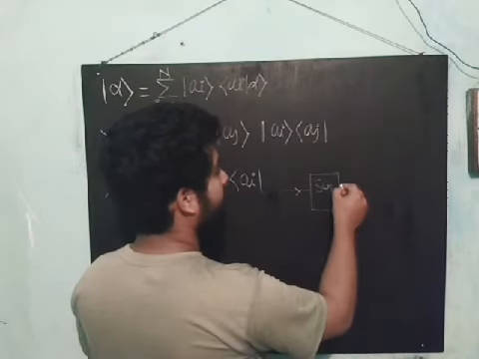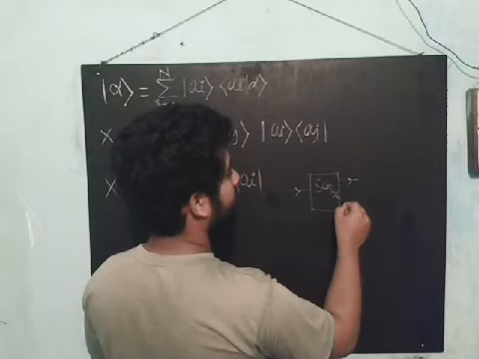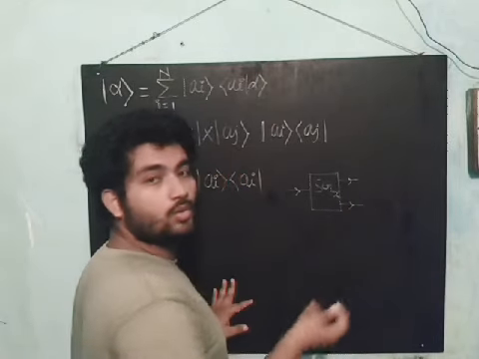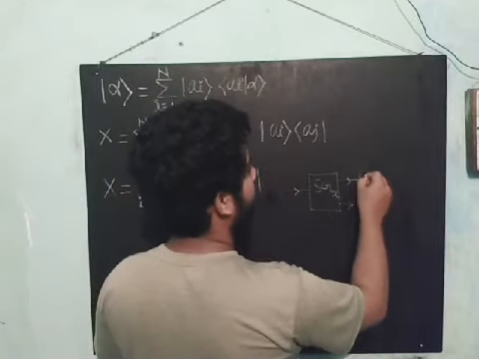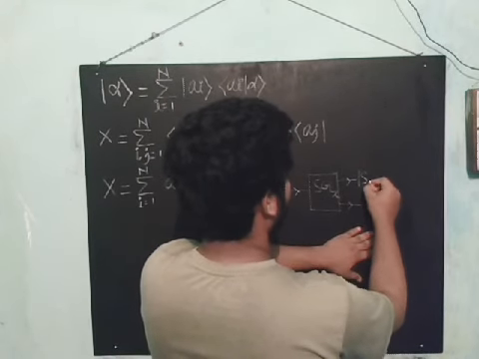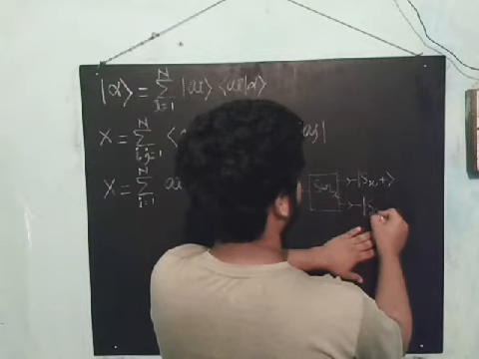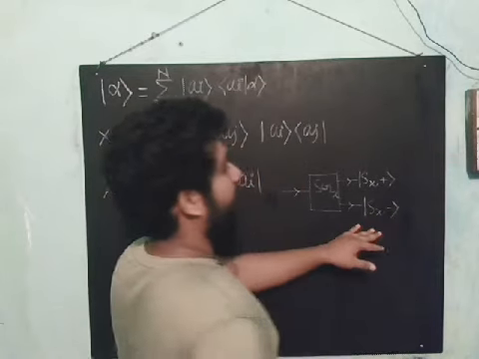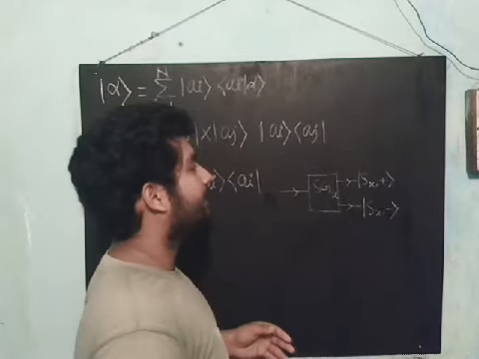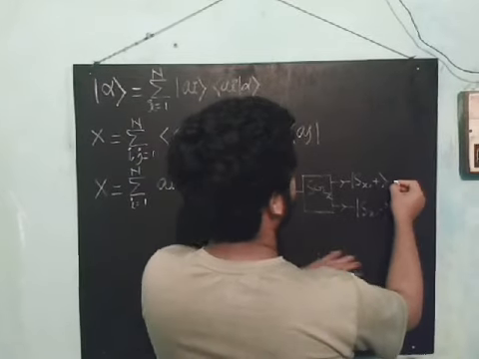This will be divided into two components. One will be Sx plus and Sx minus, right?